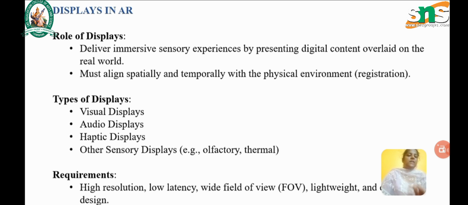Finally, let's look at a real-time example, the IKEA Place app. This app uses AR to let users visualize furniture inside their homes. Imagine you want to buy a sofa but are not sure if it fits in your living room. Using the IKEA Place app, you can point your smartphone at the space and the app will overlay a digital 3D model of the sofa in real scale.